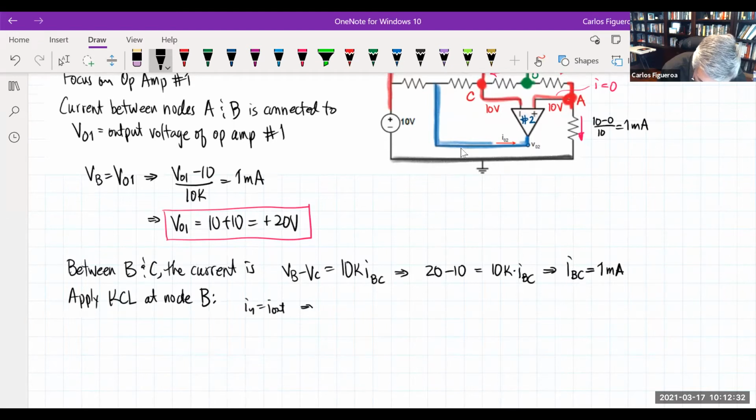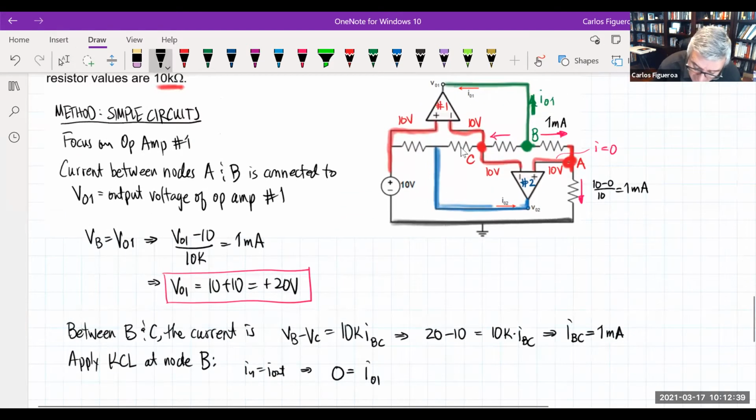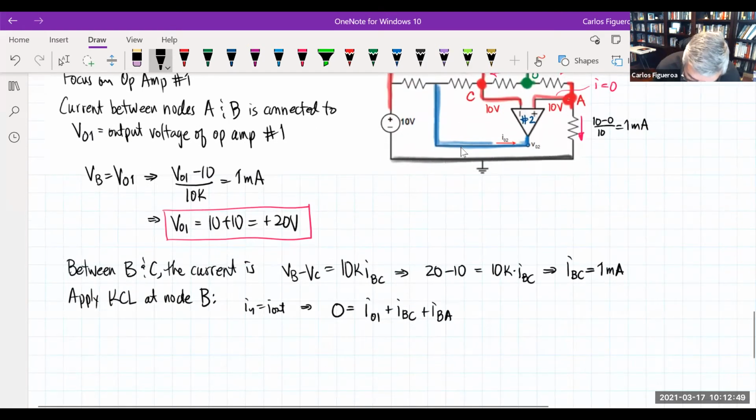How many currents are going in? 0. So then I'm going to get the current IO1, then I'm going to get the current between BC, and then I'm going to get the current between BA. So this guy right here, BC, we already said was 1 milliamp.